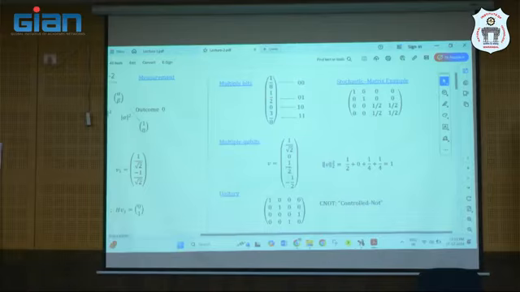Example: 1 over square root 2, 0, half, minus half. What is the L2 norm square here? This thing squared is half, 0, half squared is 1/4, minus half squared is 1/4. Total addition, 1. So the L2 norm will always be 1. That is the property.